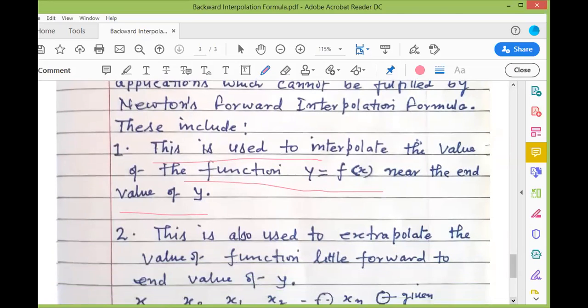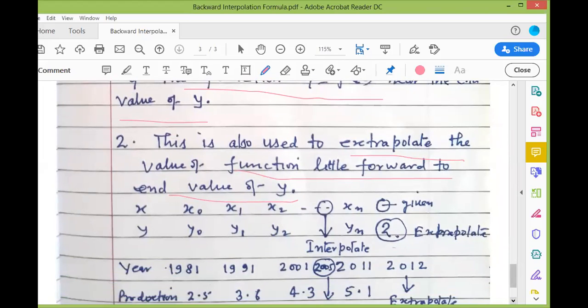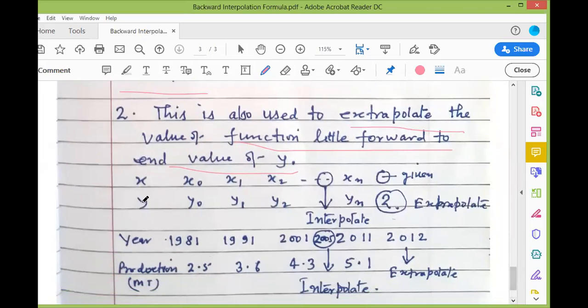And the second application is that this is also used to extrapolate the value of the function a little forward of the end value of y. You can observe this example. These are the values x naught, x1, x2, so forth and so on, xn, and y naught, y1, y2, up to yn.